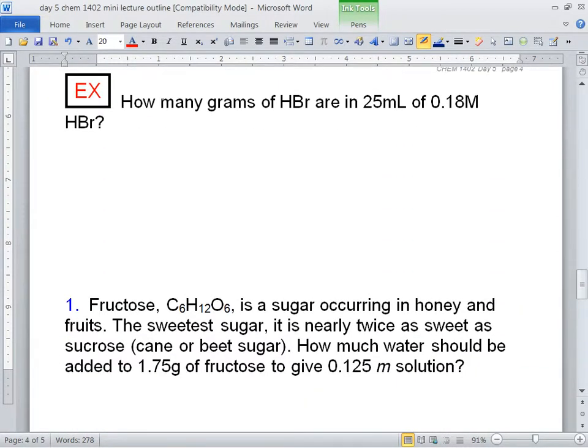How about this one? How many grams of hydrogen bromide are in 25 mils of 0.18 molar hydrogen bromide? Which one are we going to be messing with? The molarity. Molarity. Okay, now what?